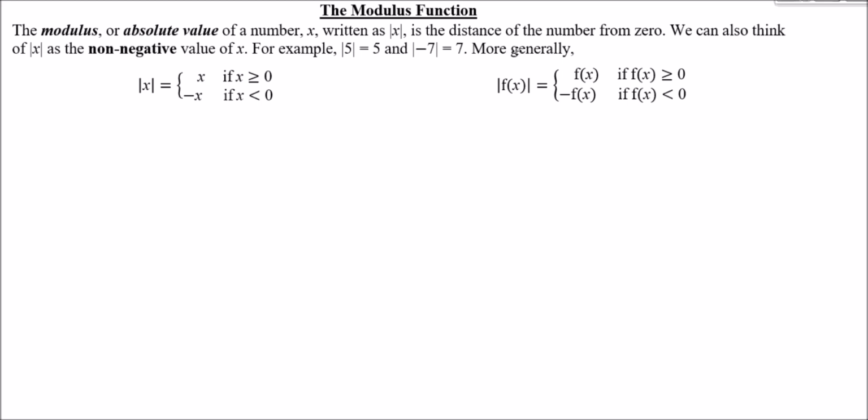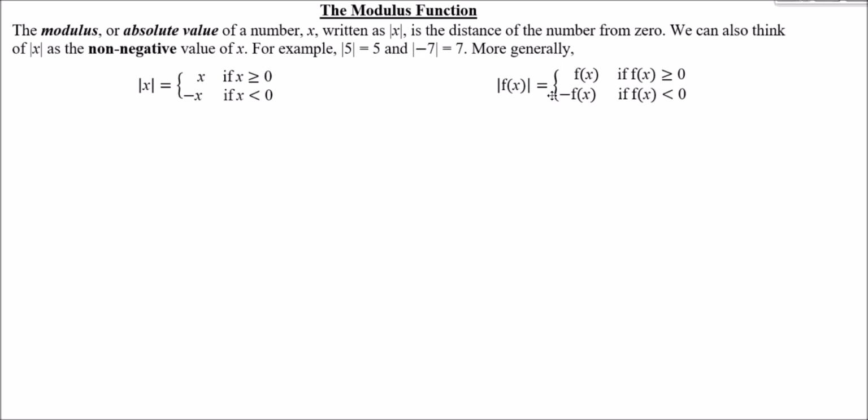So more generally and algebraically, it can be defined like this. The modulus of x we can summarize piecemeal. It's defined as being x itself if x is at least 0. However, the modulus of x becomes minus x in the case of the input into the modulus being less than 0.